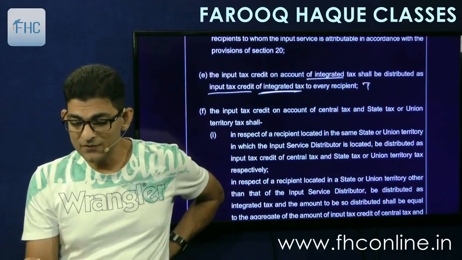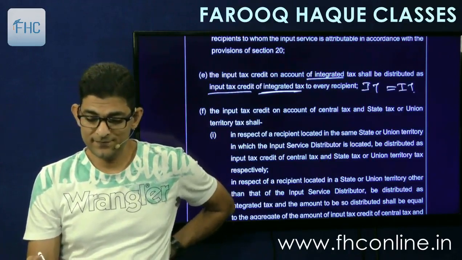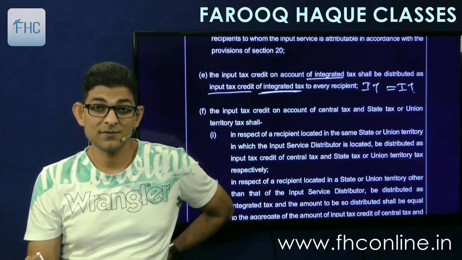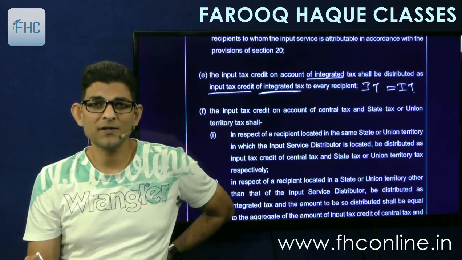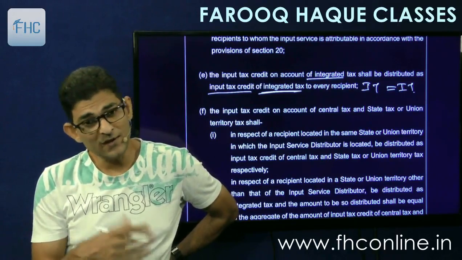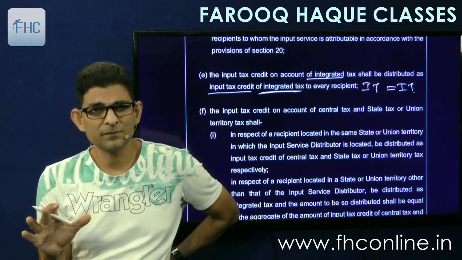So integrated tax will be distributed as integrated tax only. Now you may argue here that the rule cannot override the section. That's true. The rule cannot override the section, but this is procedure. So yeah, you can distribute it as CT, but practically it is not.